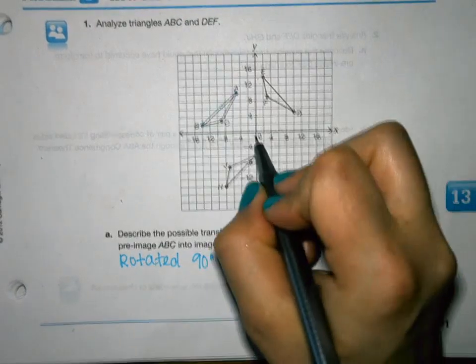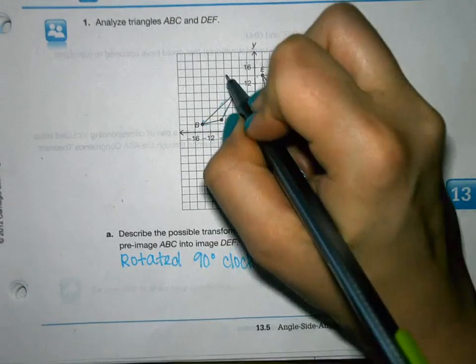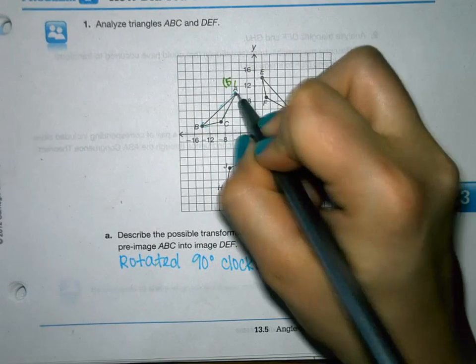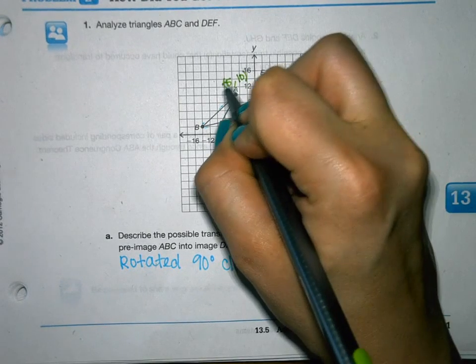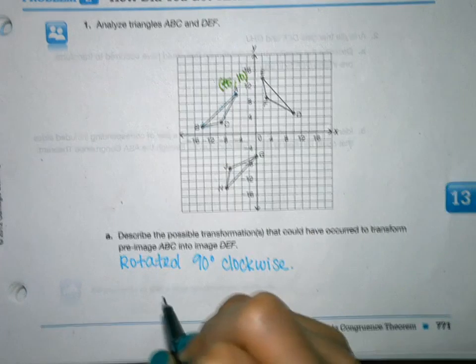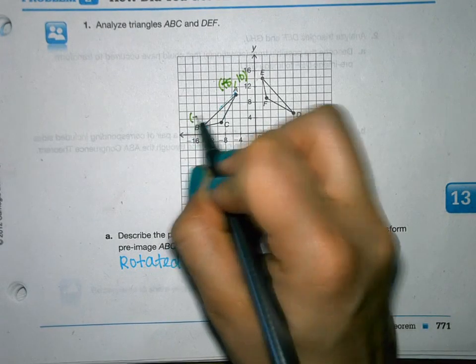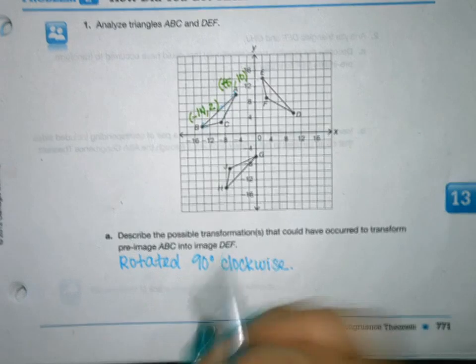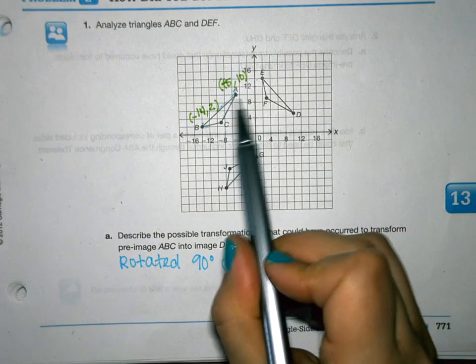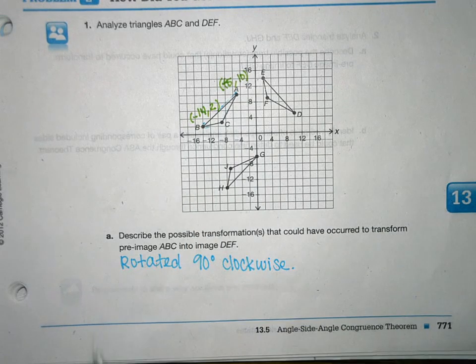Point A goes to the left 2, 4, and then in between, so 5, and then it goes up 2, 4, 6, 8, 10. So point A is at (-5, 10), and point B is at (-14, 2).